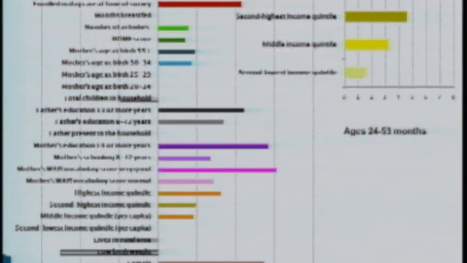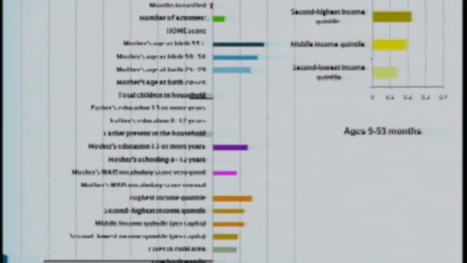In this case, the income variables still have a significant association, even controlling for maternal and paternal education. And note that being enrolled in day care for children of this age range, this is an older age range, is positively associated with performance on the TEPSI.